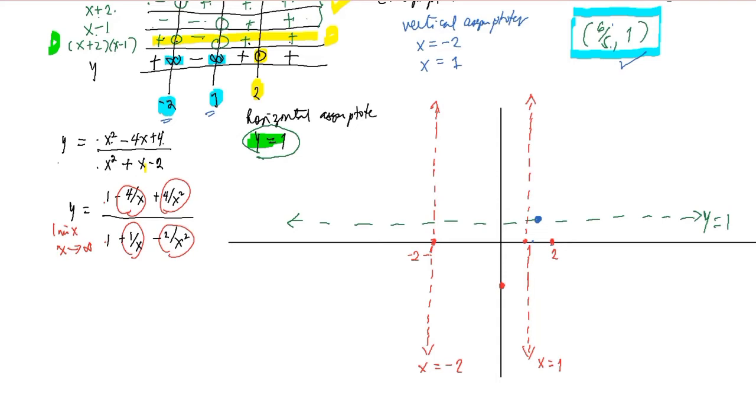At kung titingnan natin dito, at x is equal to negative 2 to the left, no? From the general nito na mukha, we have the positive sa slope natin, no? Since positive yung slope natin, then we can say na wala tayong graph here at the negative area. Okay? And in between the negative 2 to positive 1, we have negative value.